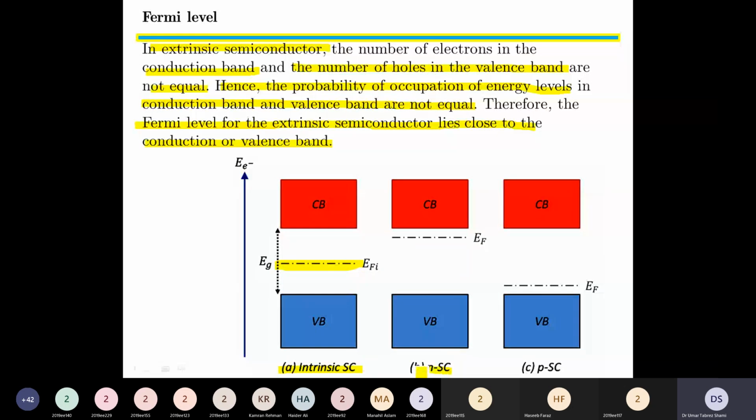Then we have n-type semiconductor. तो ज़्यादा चांसेस हैं, ज़्यादा प्रोबेबिलिटी है कि आपके कंडक्शन बैंड में इलेक्ट्रॉन्स आ जाएंगे। तो Fermi level is now close to the conduction band. और p-type मटेरियल में जहाँ पे होल्स की ज़्यादा तादाद है, जहाँ पे होल्स मेजॉरिटी में हैं, वहाँ पर Fermi level आपके वैलेंस शेल के ज़्यादा करीब आ जाएगा, which shows that there is large probability of fulfillment of holes in the valence shell.